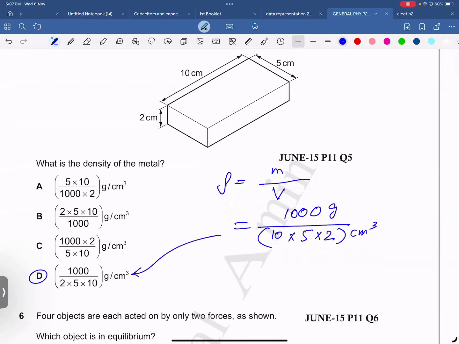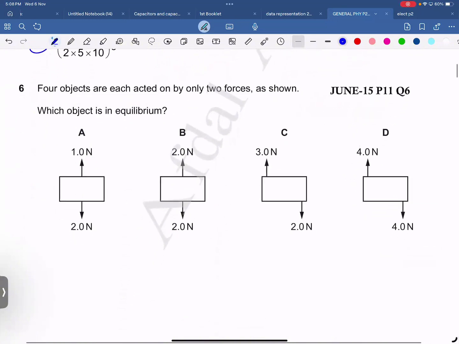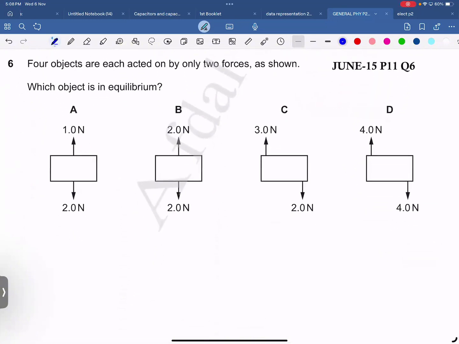It's the same option. Question number 6. 4 objects are each acted on by only 2 forces as shown. Which one is in equilibrium? Equilibrium has 2 things.